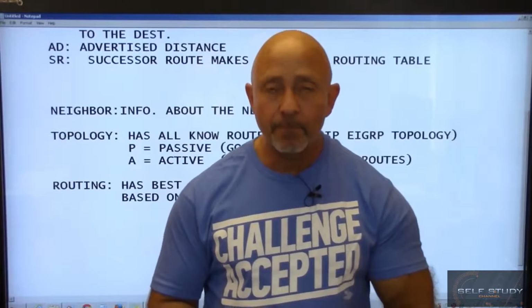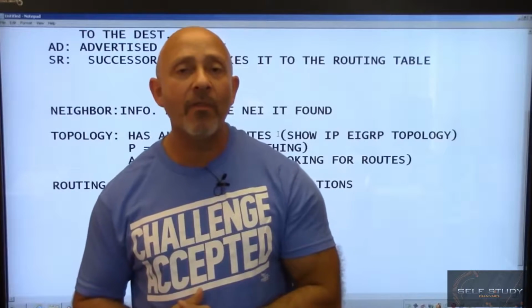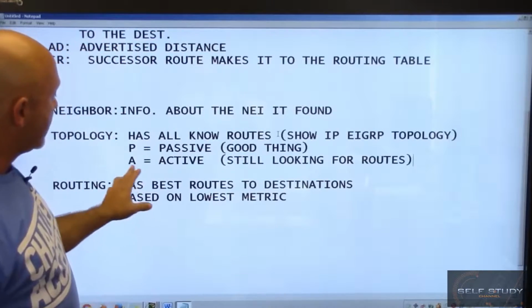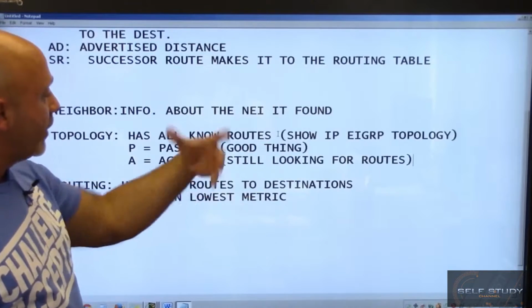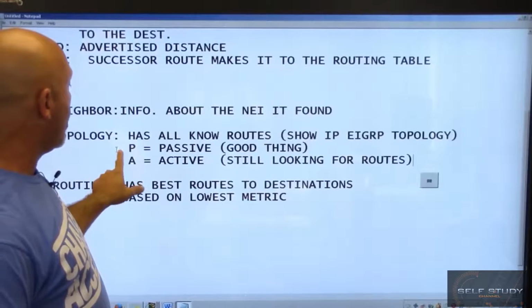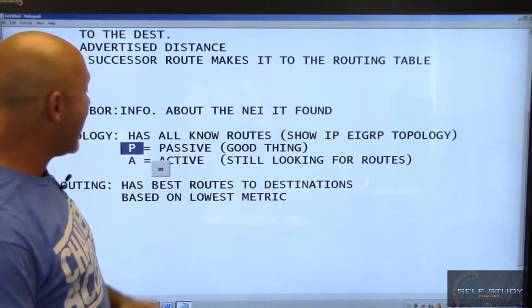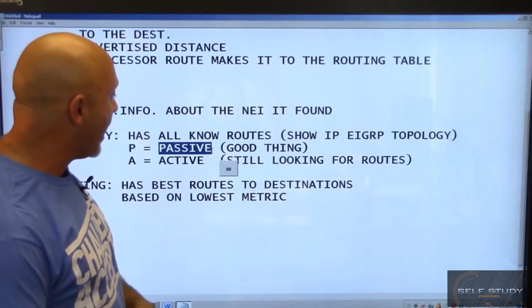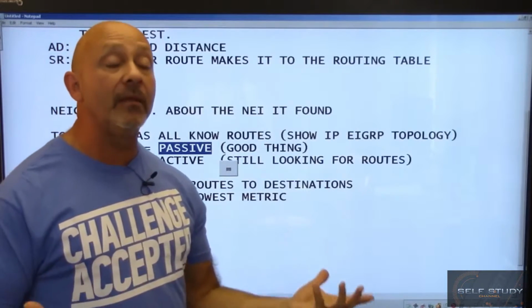And you don't want that because it hasn't found that route. There is a problem if it's still active. You haven't fully converged yet. So you want to see that P, passive. That is a good thing. You want to make sure that it is passive, because if not, then there's a problem.